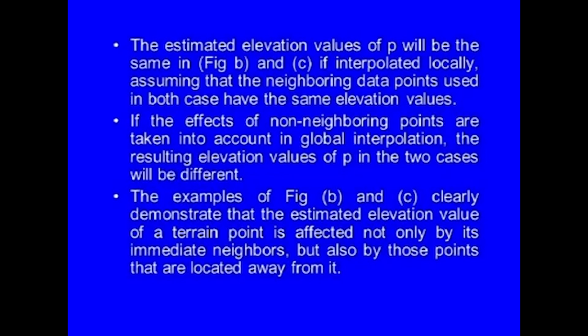The examples of figure B and C clearly demonstrate that the estimated elevation value of a terrain point is affected not only by its immediate neighbors, but also by those points that are located away from it.